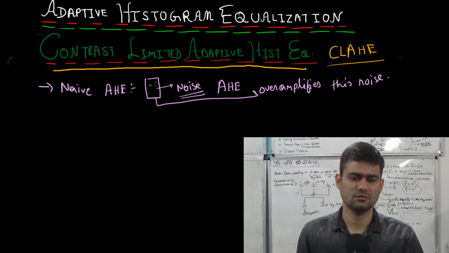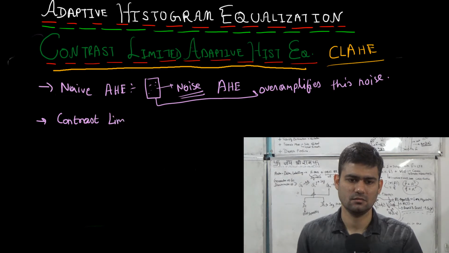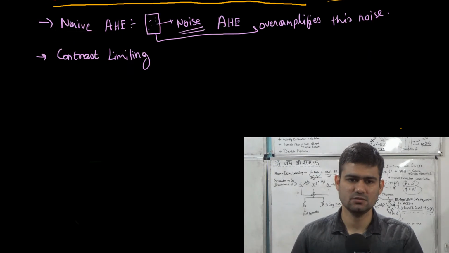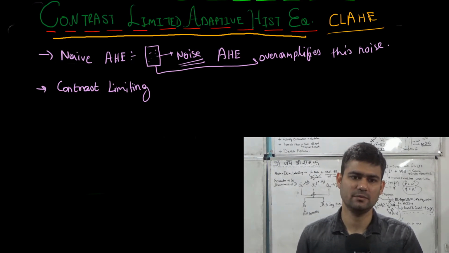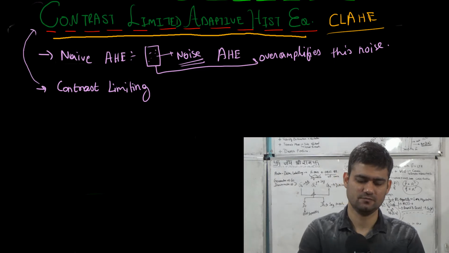So to solve this problem, we use what we call contrast limiting. And that gives rise to the contrast limited adaptive histogram equalization algorithm.